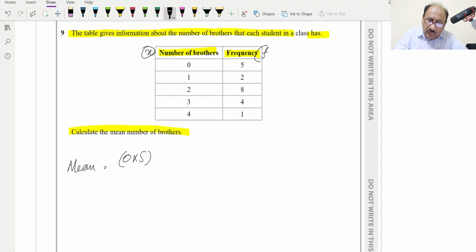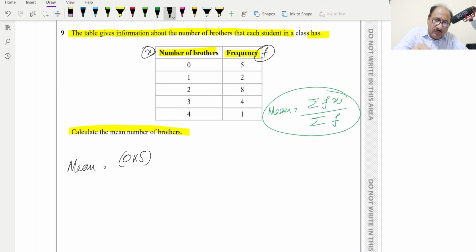So we will find sigma fx. The formula is: mean is equal to sigma fx over sigma f. So this is the formula which we will be applying. For sigma fx we are multiplying these f and x values and adding them.